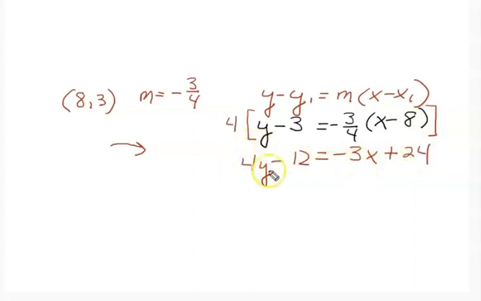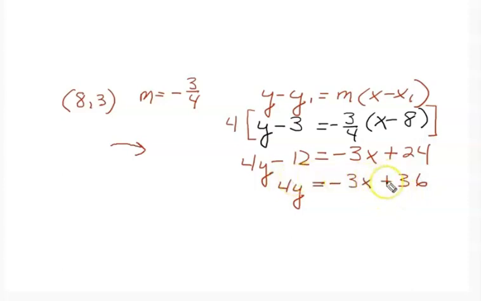Now we want to isolate the y, so we end up with 4y here. I'm going to transpose the negative 12 to the other side, where it becomes a positive 12. But we leave this here, negative 3x. Positive 12 makes this 36. Okay.